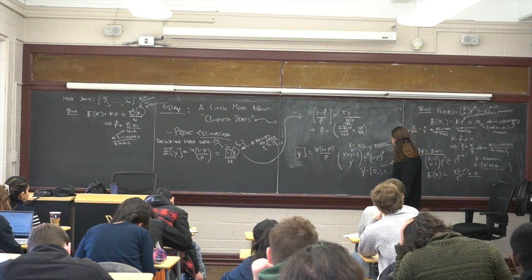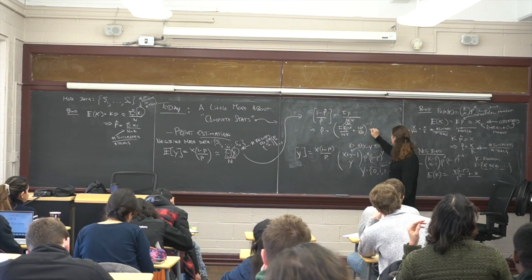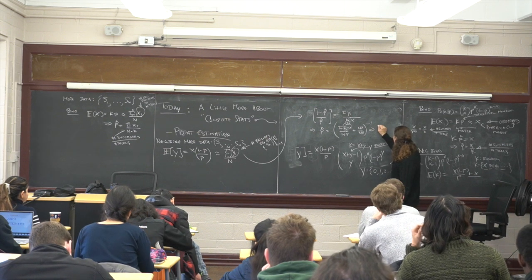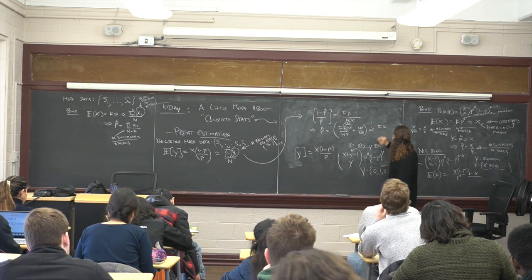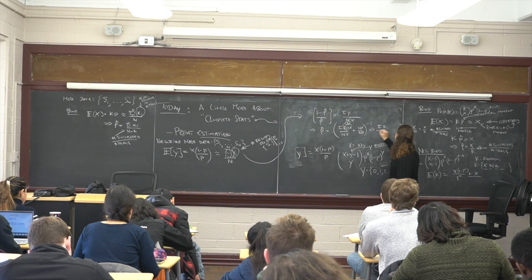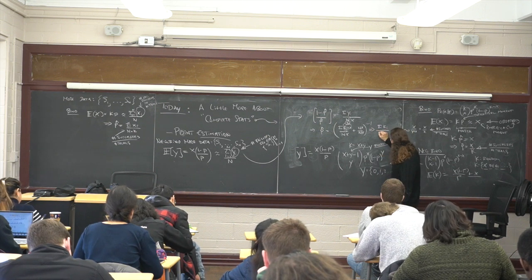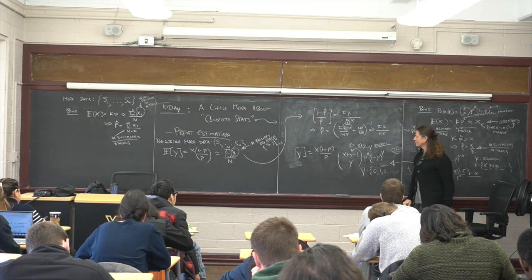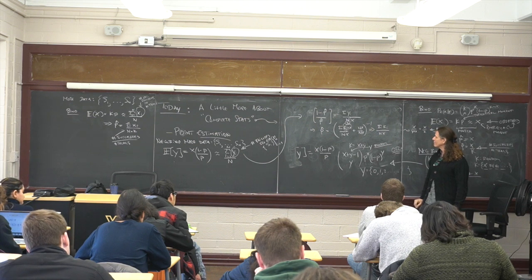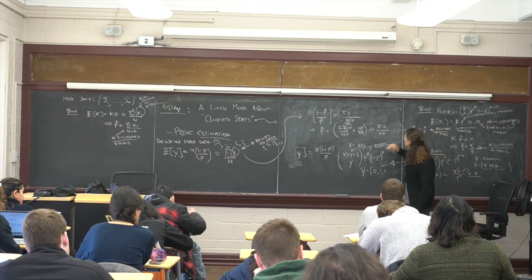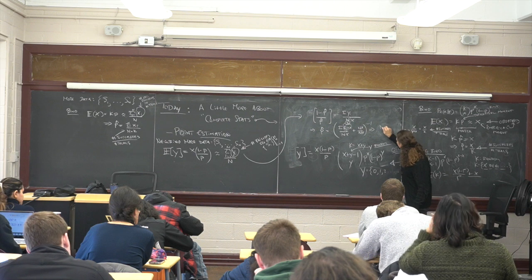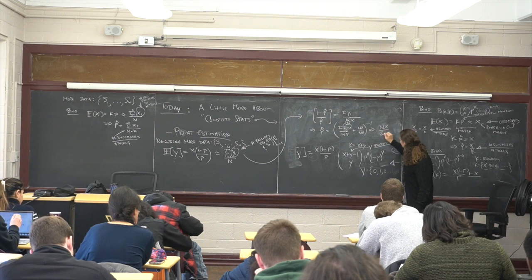You can see what happens. It's going to cancel that one. So this is going to be the sum of the ki's over nx. Inverse, yeah. Thank you.